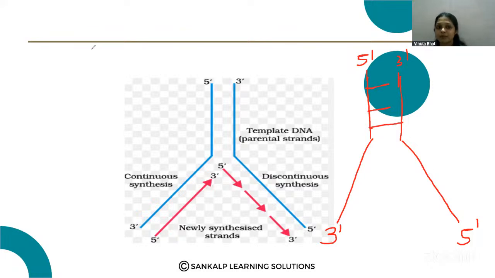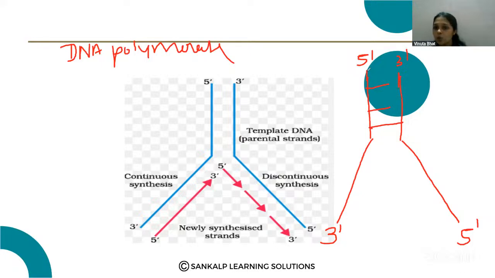ನೆಕ್ಸ್ಟ್ ನೋಡಿ, next the DNA polymerase enzyme ಬರುತ್ತೆ. So for this, ನಿಮ್ಗೆ ಗೊತ್ತಿದೆ DNA replication is semi conservative.